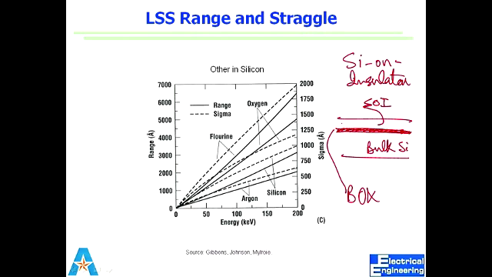Then we can define how thick a BOX we need, because the thicker it is, the higher the energy we have to use, and there will be more straggle, so it will be wider. Then we can make devices on top and at the bottom. We can do etching in silicon, and once the etchant reaches this layer, it's going to stop there. We call it an etch stop layer. So this is one very common application of oxygen implantation that we do.